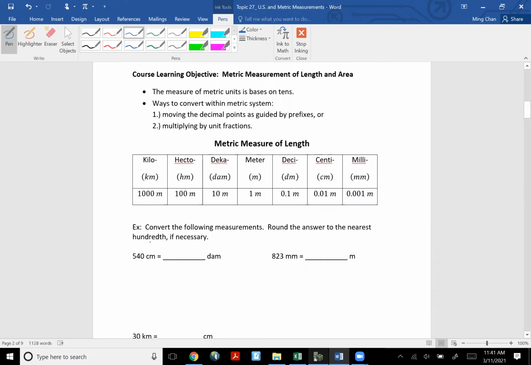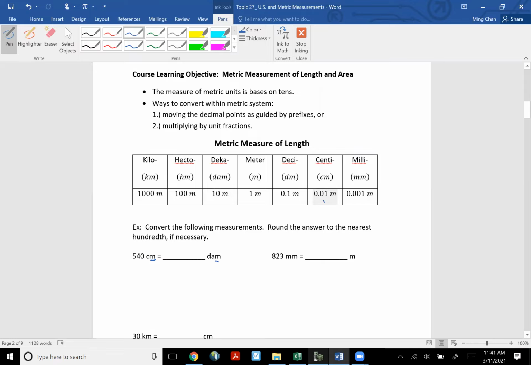So whenever we convert, you need to look at the units first. You've got to understand what unit you are dealing with. cm means centimeter, and m means meter. Meter tells you that you're converting from length to length. Meter also tells you that this is metric to metric conversion. The prefix tells you what place they are in. Centimeters is right here. DA means deca, decameter is right here.